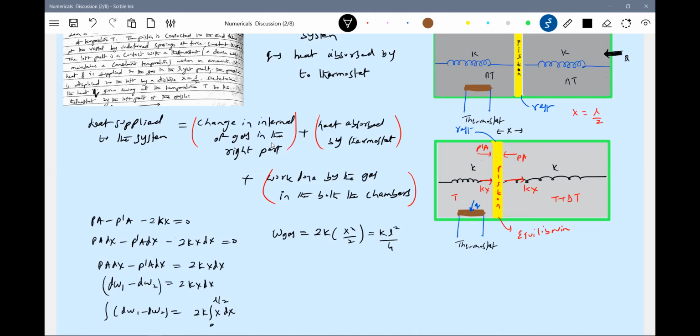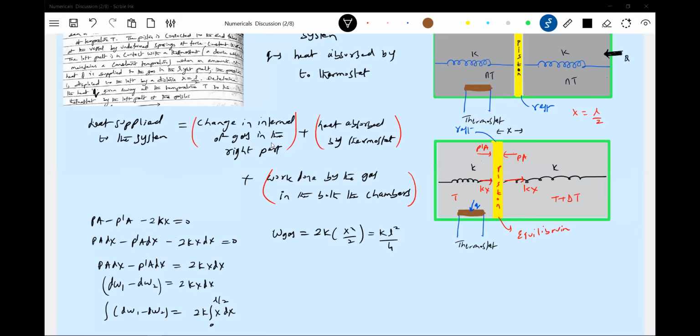Delta T, how are you going to bring it? Using PV = nRT. The number of moles will be conserved.